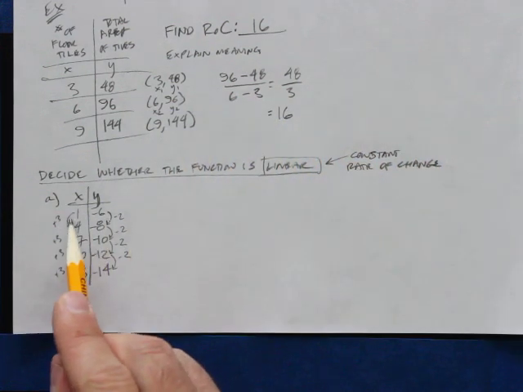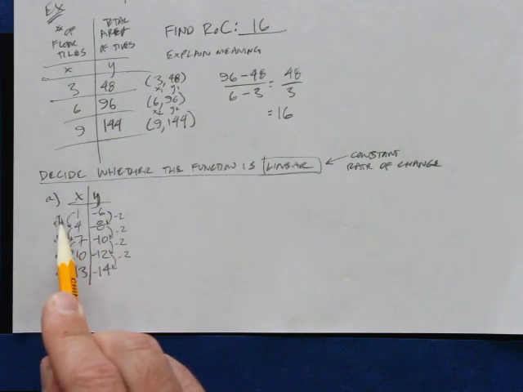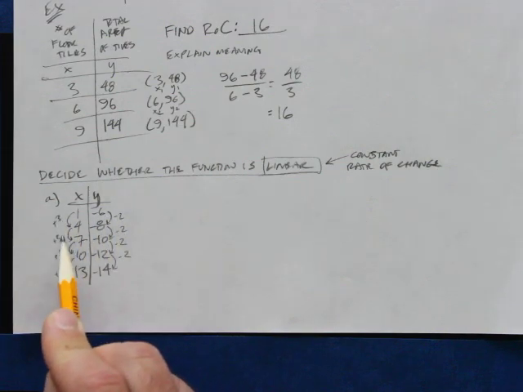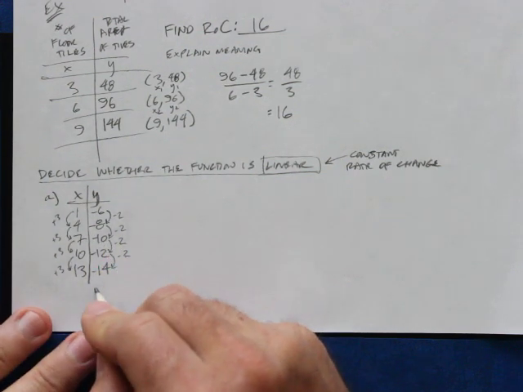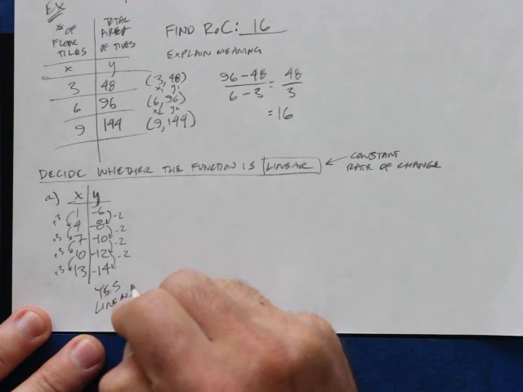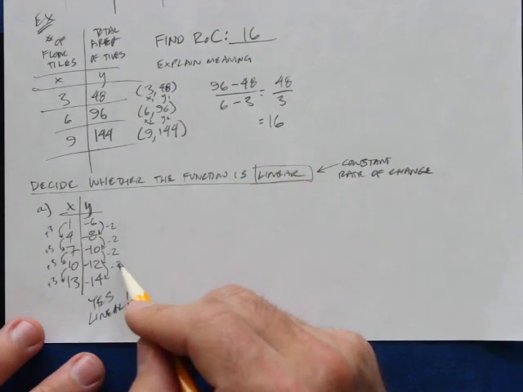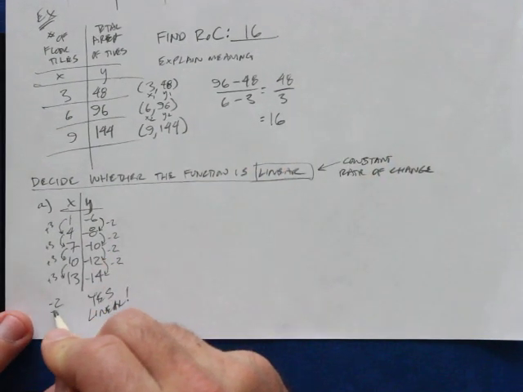So the rate of change between these 2 points is -2 over 3, y over x. Same with this one, -2 over 3, -2 over 3, -2 over 3. So yes, this is linear, because we have a constant rate of change. So this would be -2 over 3.